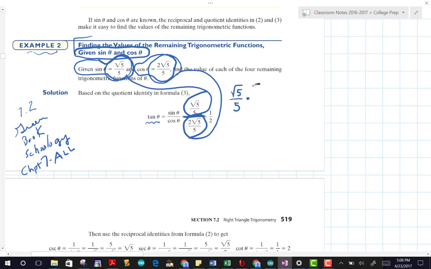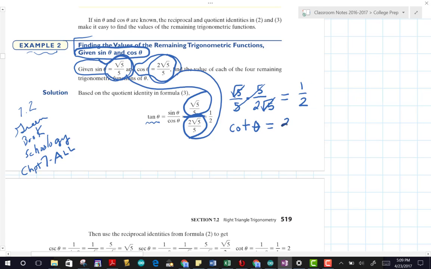The 5's cancel, the root 5's cancel, and that leaves me with a half. If I want to find cotangent, remember that that is the reciprocal of tangent. So we just found out that tangent was 1/2. So cotangent is going to be 2 over 1, or just 2.